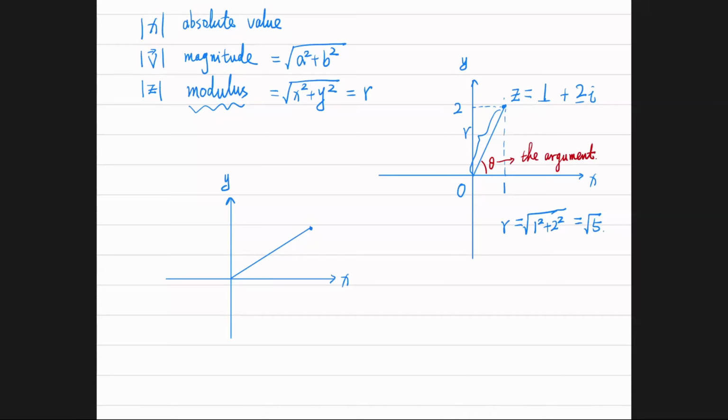We will consider a general case: we give the argument, and also give the modulus. Can you find this complex number using the modulus and the argument?